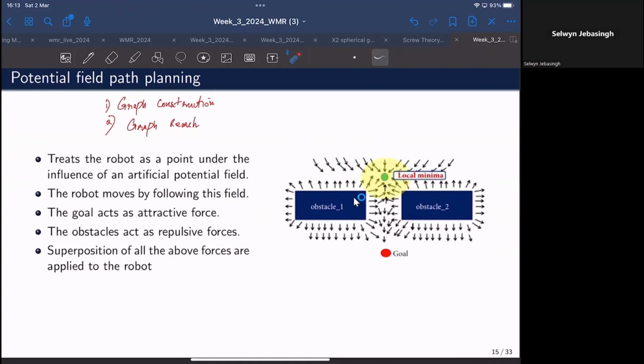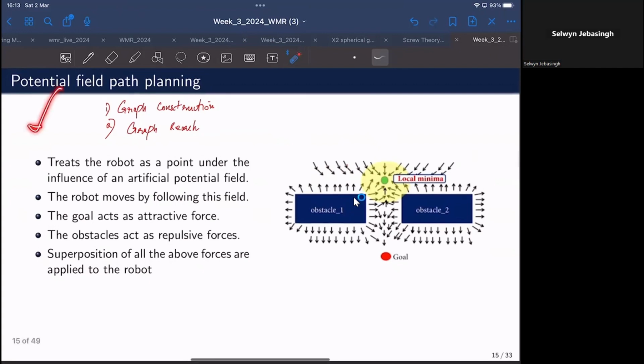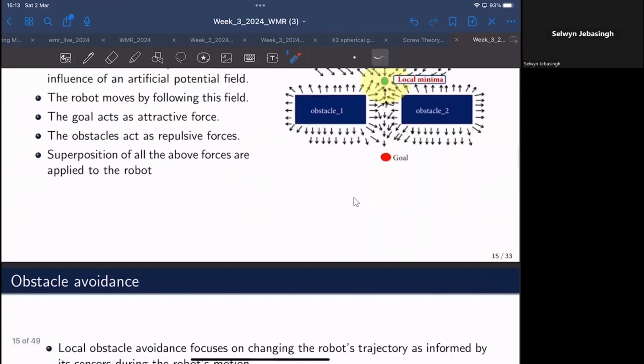If the net force is trying to move the robot away from the goal, it will move away from the goal. So it's more or less a superposition of all the fields coming from the proximity to all the obstacles as well as the goal. So that is potential field path planning in essence, or in summary.